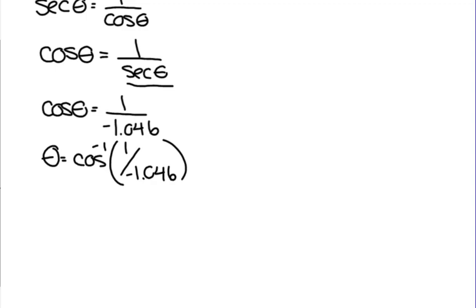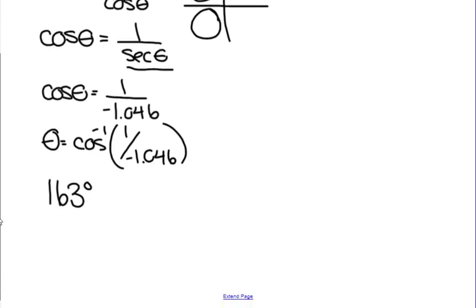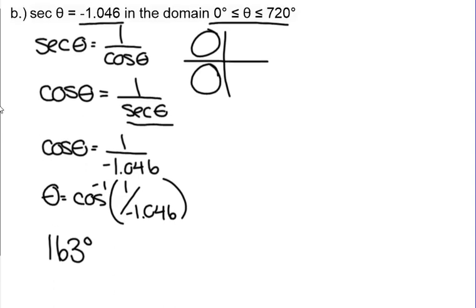So if we throw that into our calculator, second function cos, 1 divided by negative 1.046, the answer our calculator spits out is 163 degrees, which is fine and dandy because cosine is negative in quadrant 2 and quadrant 3. So we have found one of our quadrant 2 angles.